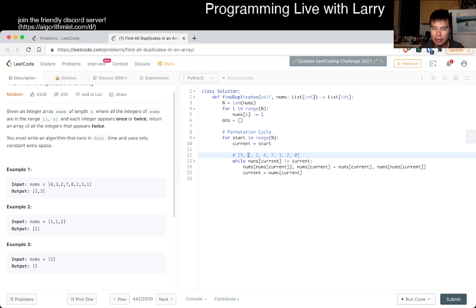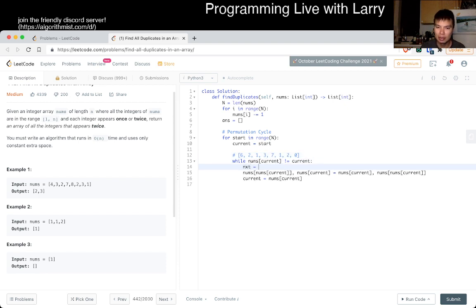Swap this 3 with the 6. But then of course, we have to follow this along. So actually, what we want is next is equal to, right? And of course, like I said, there will be an addition. Wait, this doesn't make sense either, because that means that 3 is in the right place, right? Okay.